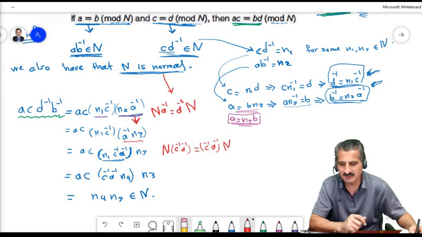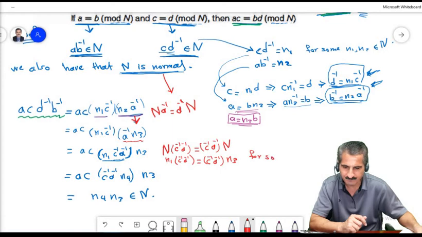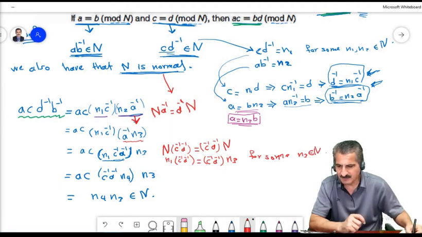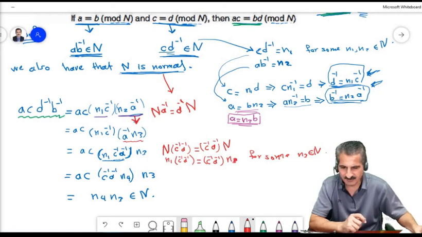So n1 times this element C inverse A inverse must equal C inverse A inverse times some other element in N, which is n4, say, for some n4 belongs to N. And n4 I used here.